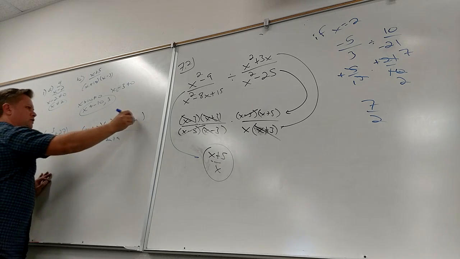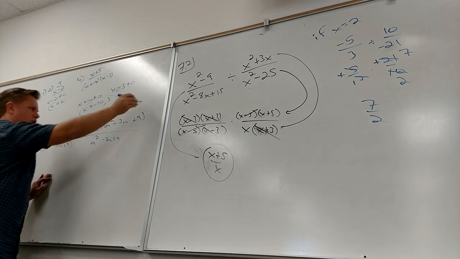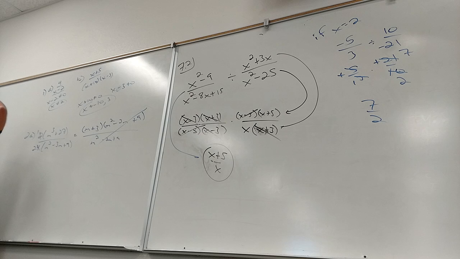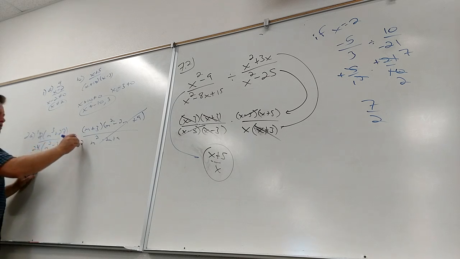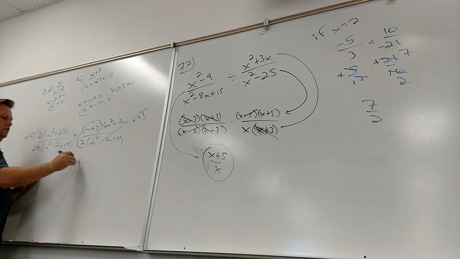You got the 2 M's, you got the 2 3's. Die! That always feels good. Kill the whole thing. And what's left alive? Well, what did I forget? I forgot my 2. So what's left alive? M plus 3 over 2.